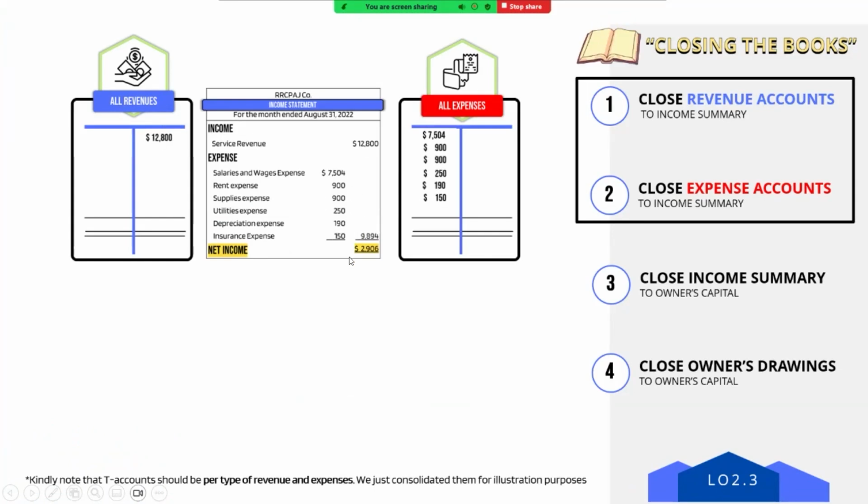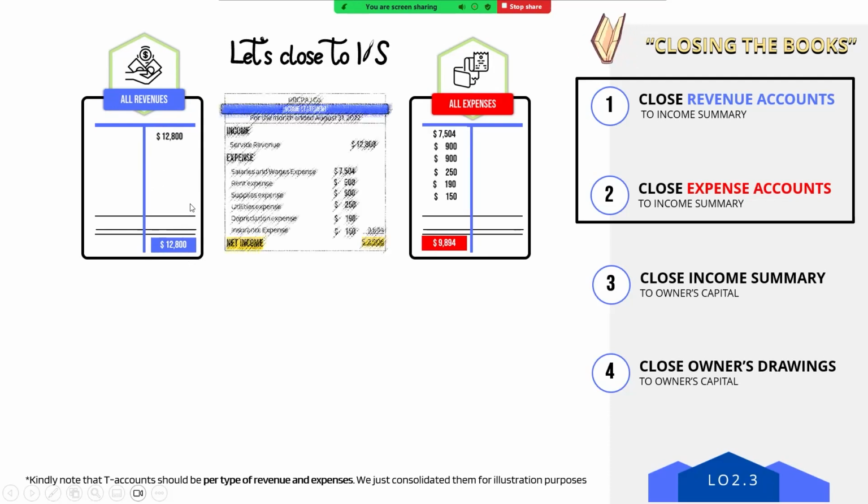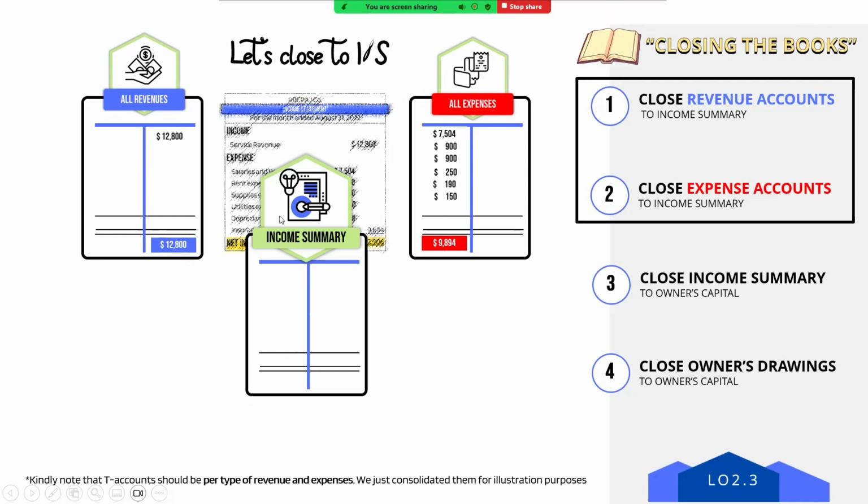So now that we've done that, the next step would be to know their balance. Right now, there is a credit balance for our revenues and a debit balance for expenses, their normal balances. So to zero them out, for revenues in particular, we need to introduce the idea of an income summary account.